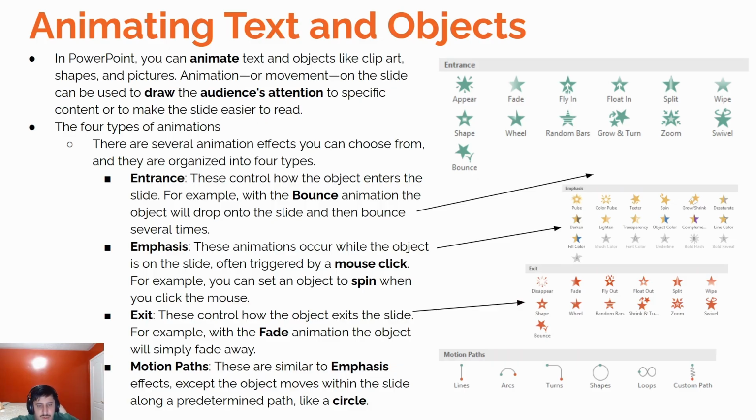For example, you can set an object to spin when you click the mouse, right? And then we have exit, which controls how the object exits the slide. For example, with the fade animation, the object will simply fade away. Then finally, we have motion paths. These are similar to emphasis effects, except the object moves within the slide along a predetermined path like a circle.